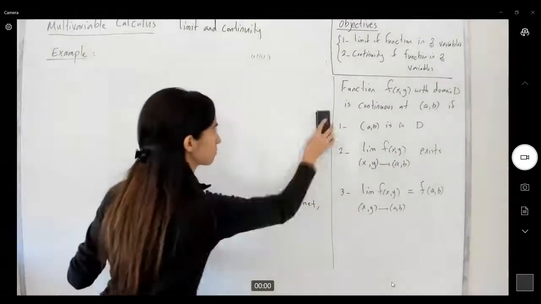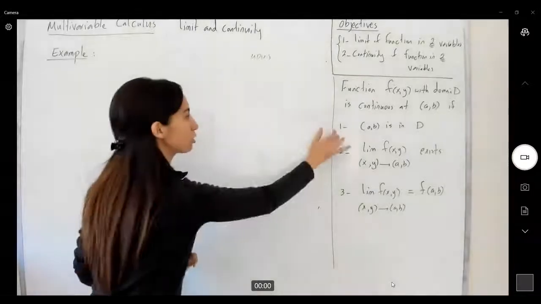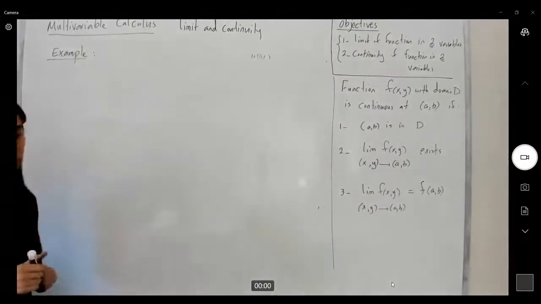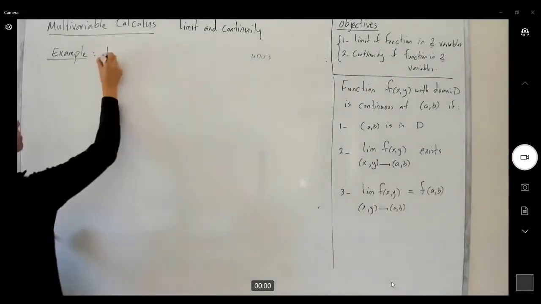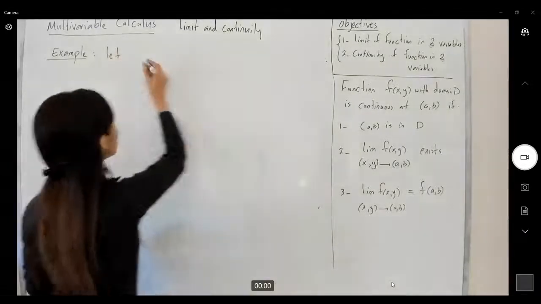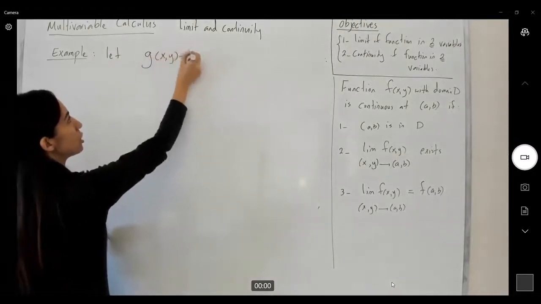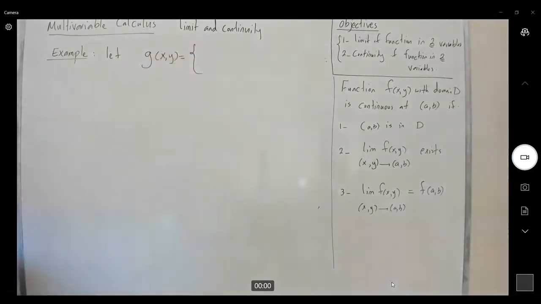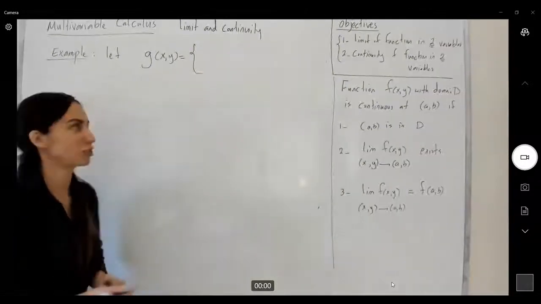Question says, now suppose I just define the function at 0 and 0. Check this example. Instead of f, define g, function g of x and y to be, so you're defining a piecewise defined function.